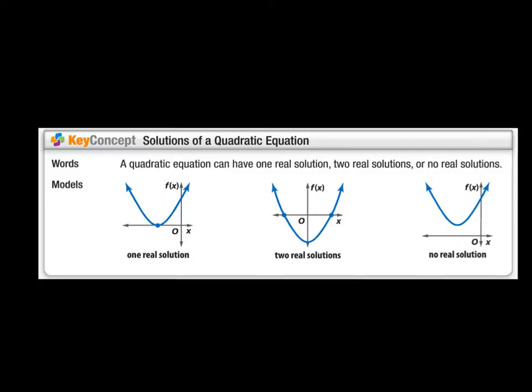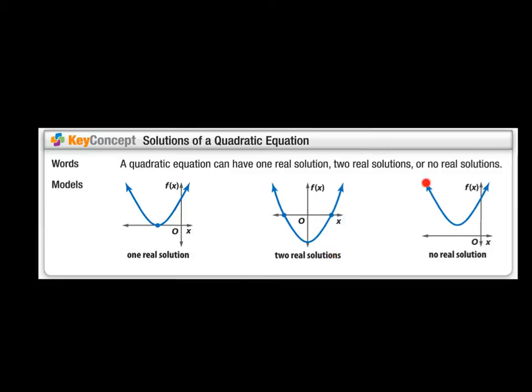And for models, we have a few graphs drawn here. If we have one real solution, it's where our parabola touches the x-axis in only one spot. Do you notice that? And then this parabola crosses the x-axis in two spots, so therefore we have two real solutions.